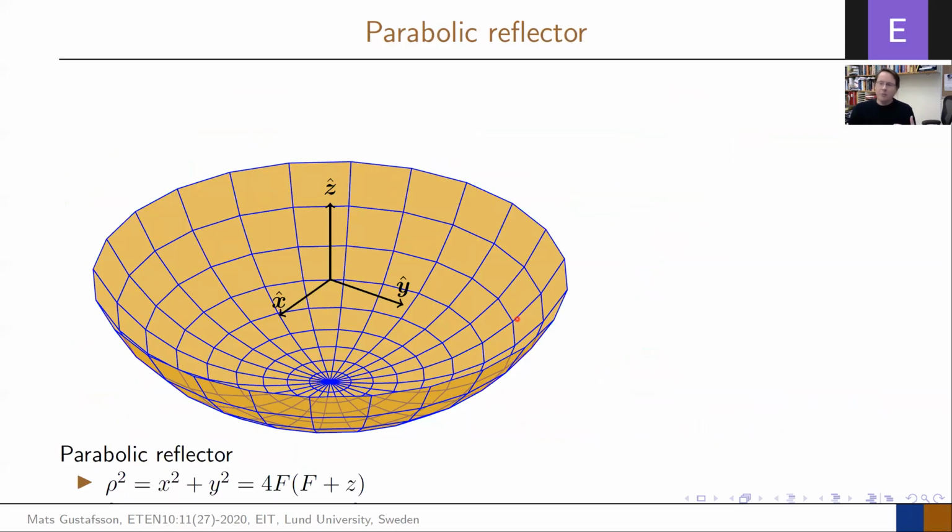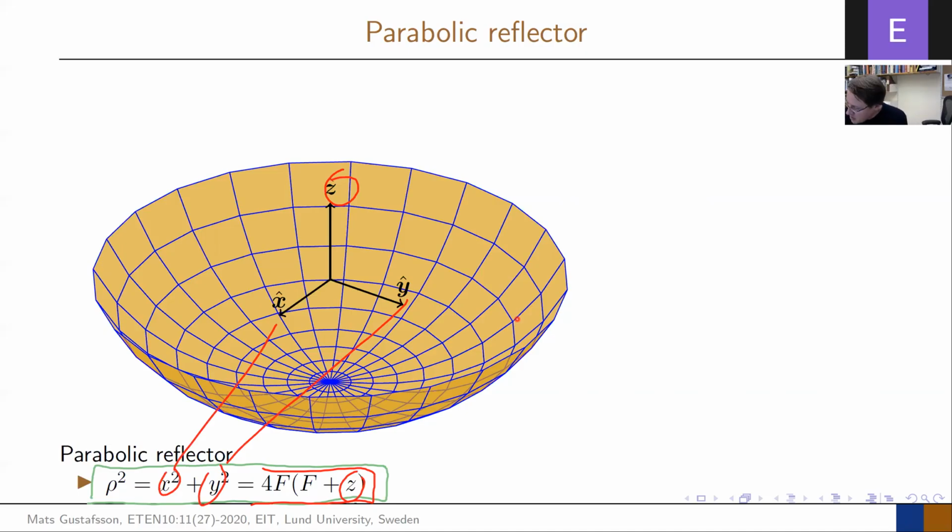So this is a typical parabolic reflector. The parabolic reflector is defined by this equation. Rho is the distance in the xy plane, so rho squared is x squared plus y squared. That is related to the distance in z, the coordinate in this direction, while y is in this direction and x is in this direction.